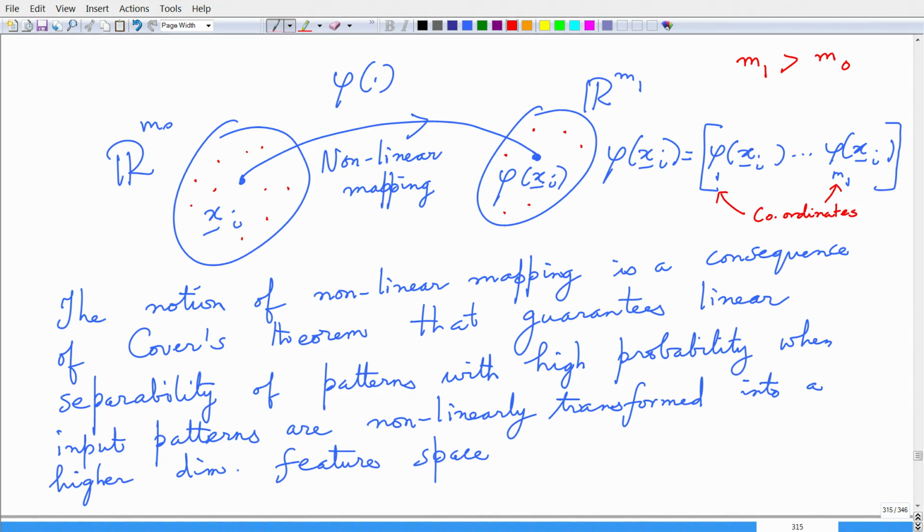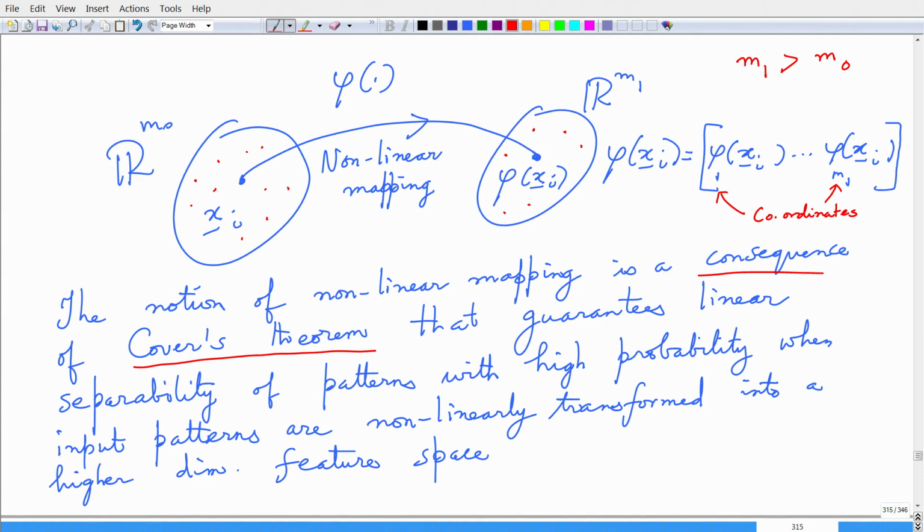The notion of nonlinear mapping is a consequence of Cover's theorem. We studied Cover's theorem in an earlier module, and Cover's theorem guarantees linear separability of patterns with high probability when the input patterns are non-linearly transformed into a higher dimensional feature space, right.